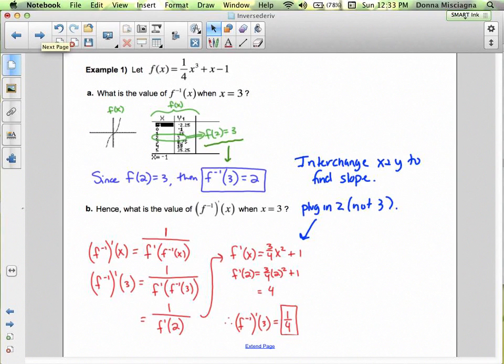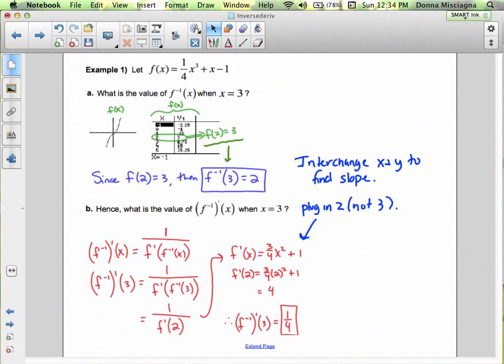And now we can find the derivative when x is 3. All right, so we're going to use the property. The derivative of the inverse is going to be 1 over the derivative evaluated at the inverse. So we're going to substitute 3 for x. f inverse of 3 is 2, and 1 over f prime of 2, our function is up there, it's 1/4 x cubed plus x minus 1.